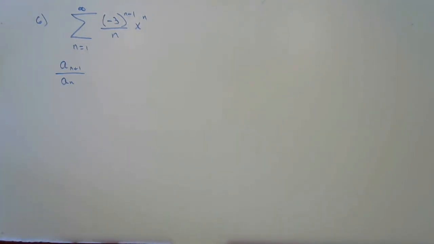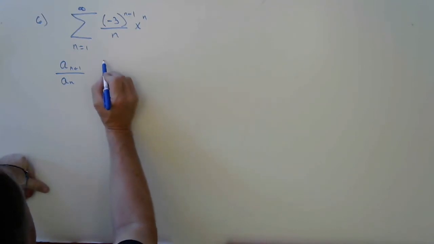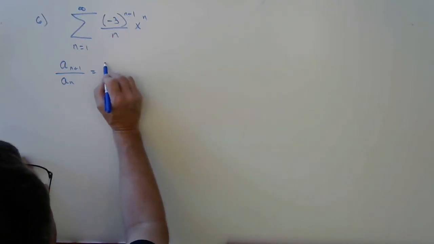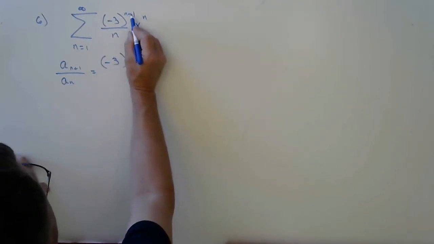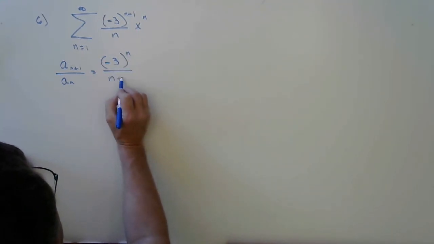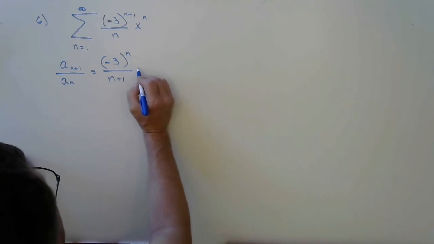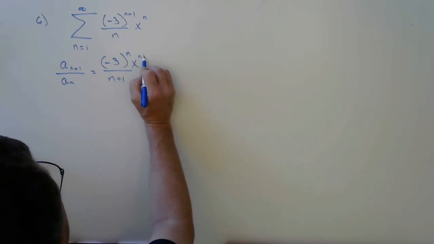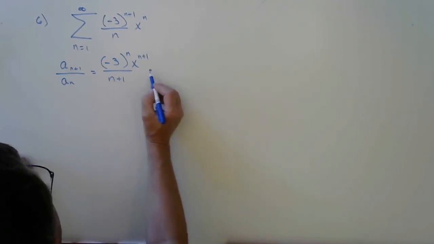And so what do we get here? Well, the n plus first term, that's going to be negative 3. We're going to add 1 here, so that's going to be the n, divided by n plus 1, and this is going to be times x to the n plus 1. Now, we're not going to divide.